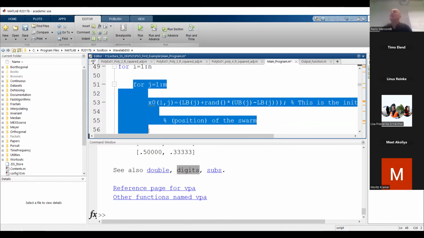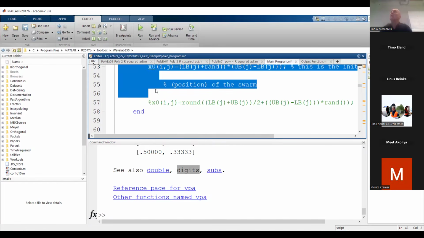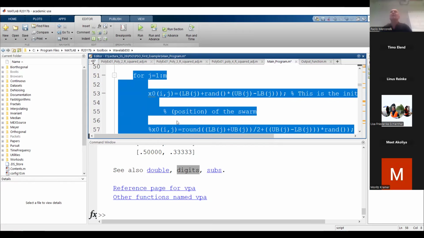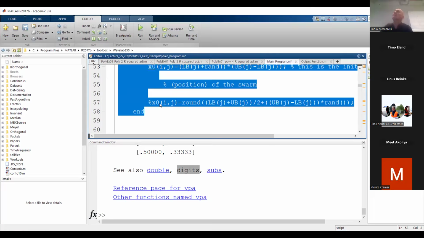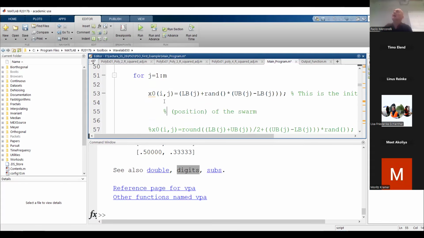Again, at the beginning for i equal 1, I will run j from 1 to m, then I will increase i, excuse me, and I will run again j from 1 to m. What is the meaning of this? The meaning is that I fill up an initial position of my swarm, considering random variables between LB and UB. Why that? We can see from here.